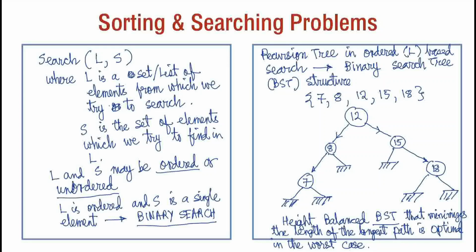So this data structure, which comes up from the recursion tree of a search problem, especially when the list L is ordered, is a very important data structure for us to remember.